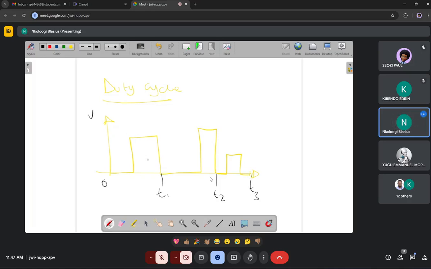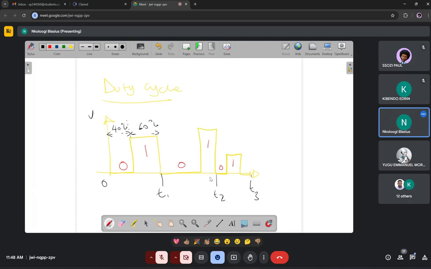According to what we can guess here, in terms of percentage, can we give it like 40%? And this percentage would be like 60. So when it is 60, the signal is high. When it is 40, the signal is 0. Here it is 0, here it is 1, low, high, like that.